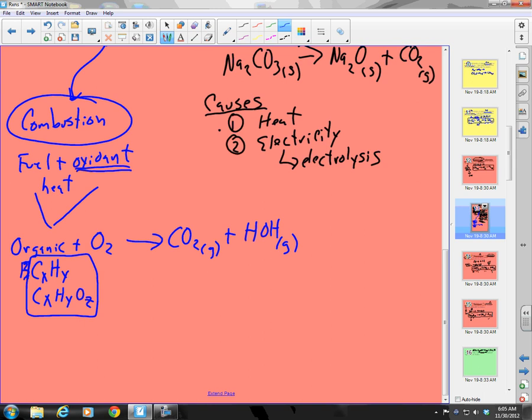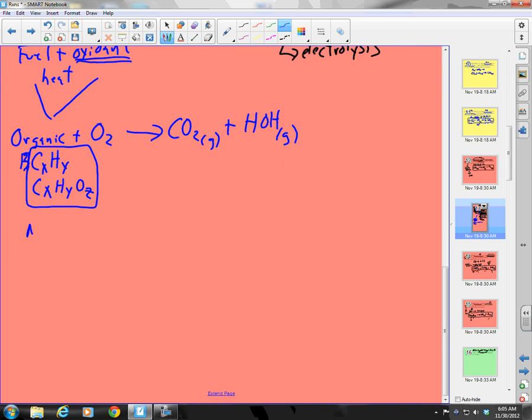There's also some nomenclature associated with combustion. Of course, when you see the word combust, that means combustion, but there are some other secret words we use, like burns.